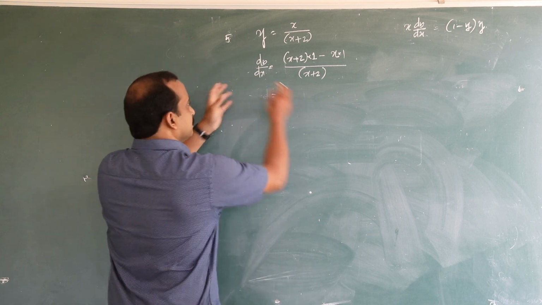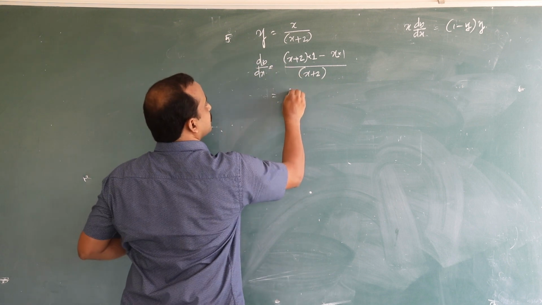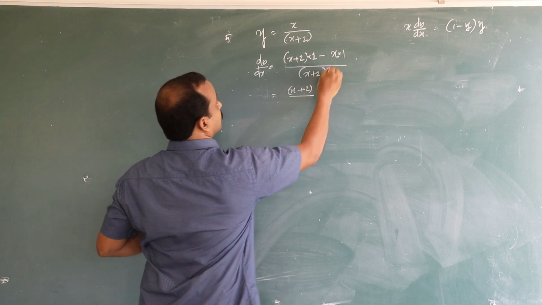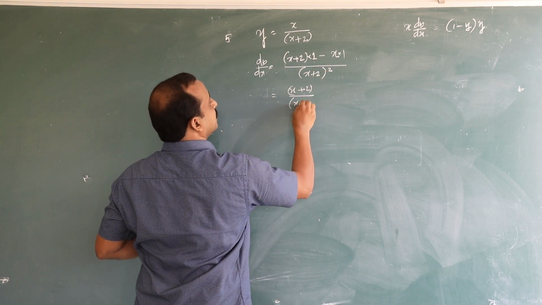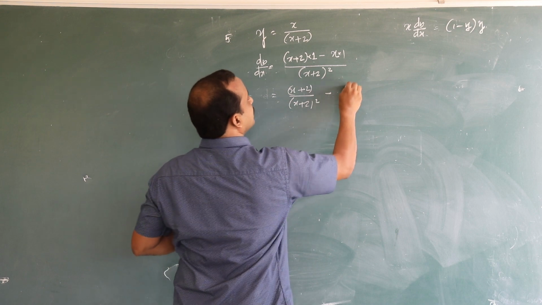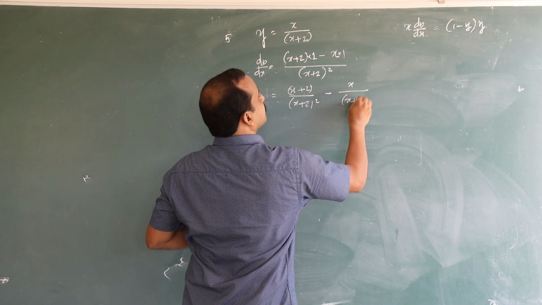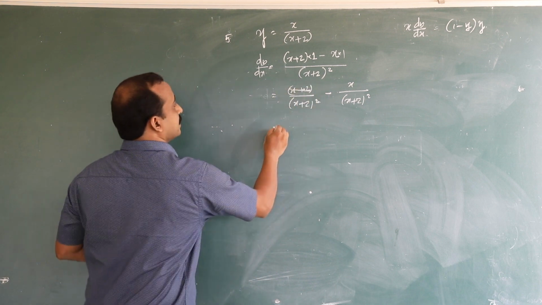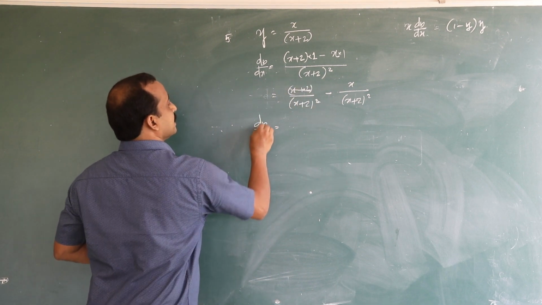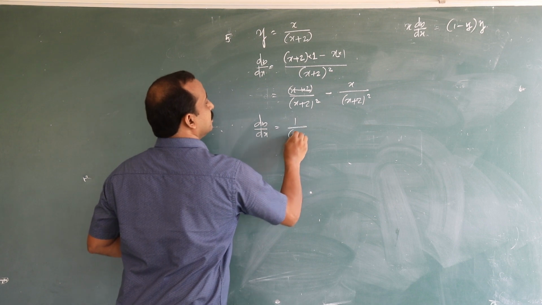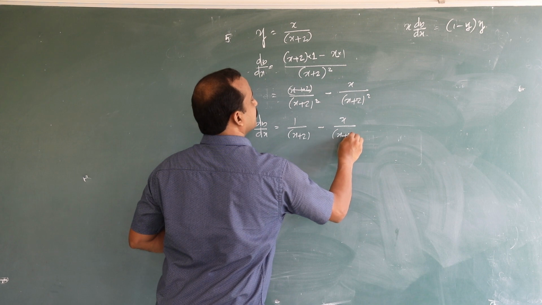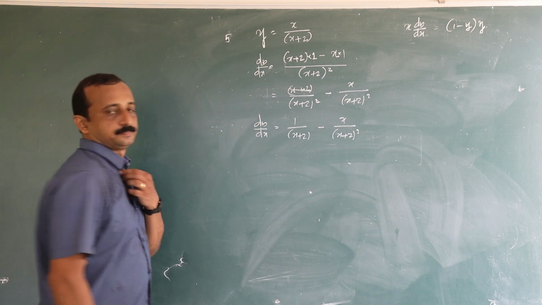The simple way is to find it using this method. Now splitting this term, we get x plus 2 divided by x plus 2 the whole square, minus x divided by x plus 2 the whole square. Here x plus 2 cancels, and therefore we get dy by dx is equal to 1 divided by x plus 2 minus x divided by x plus 2 the whole square.